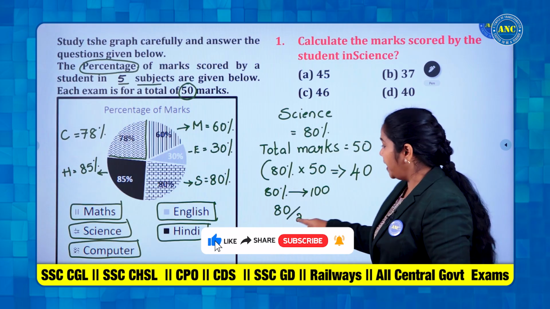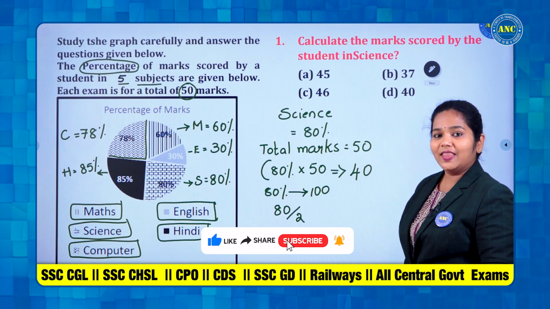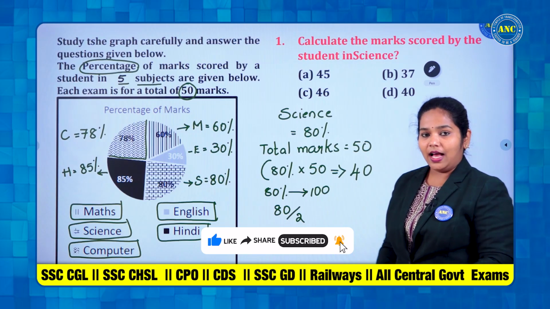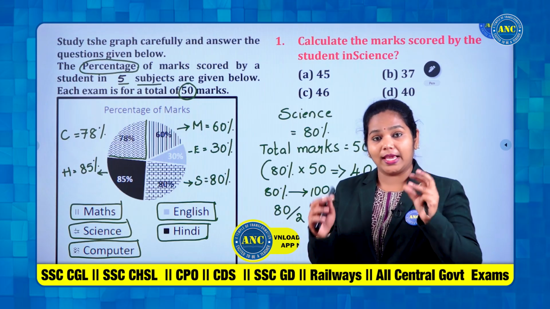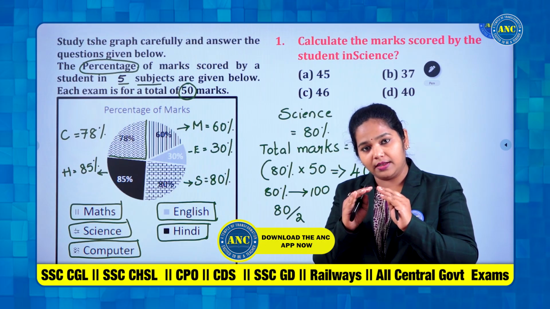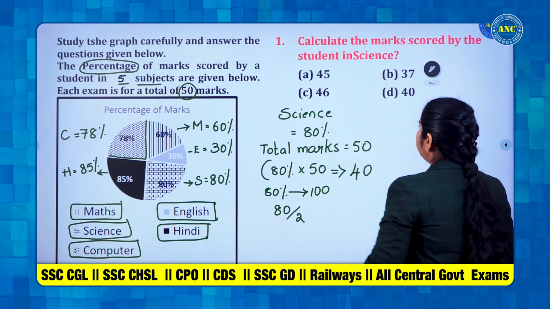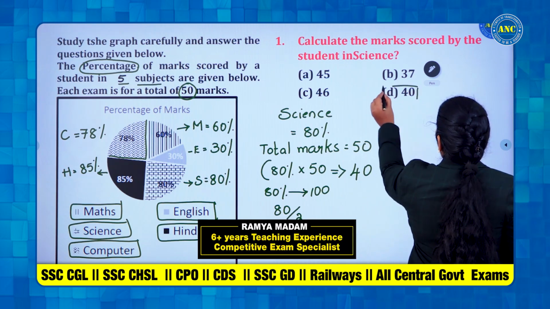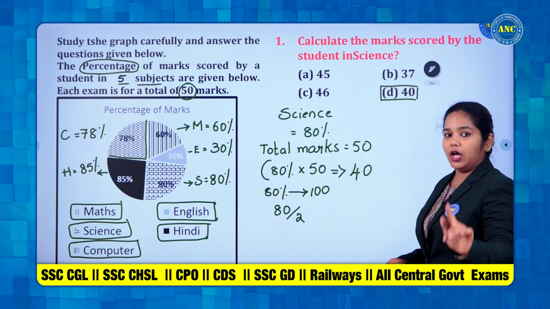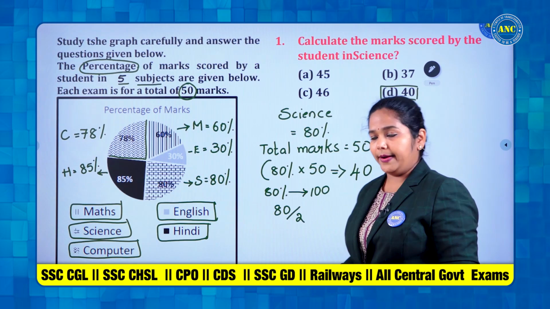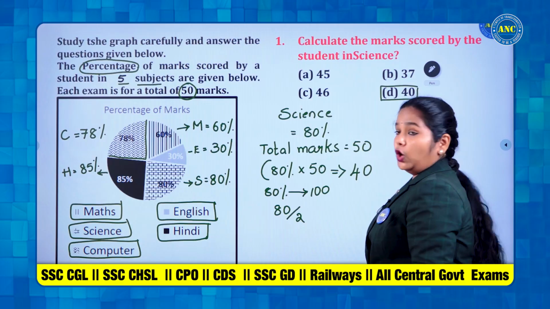Yes, half of 80 is 40. Yes. Are you able to understand how we can interpret the data, how we can simplify the content? Yes. So option number D, 40 is the correct answer. Yes. Hope you all understood this. Right. Shall we go to the next question?